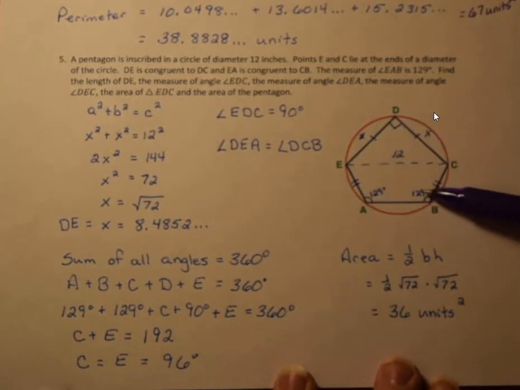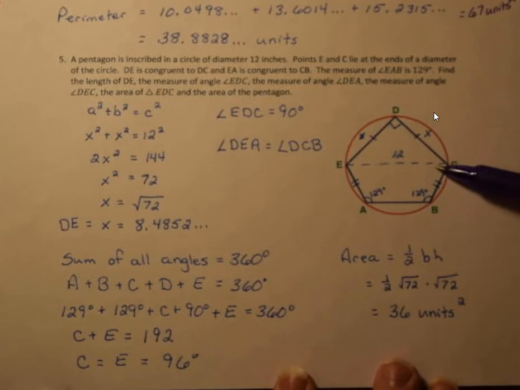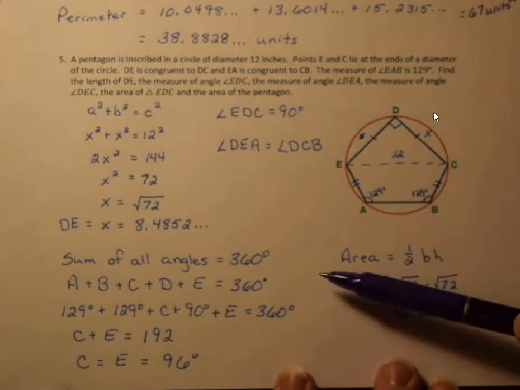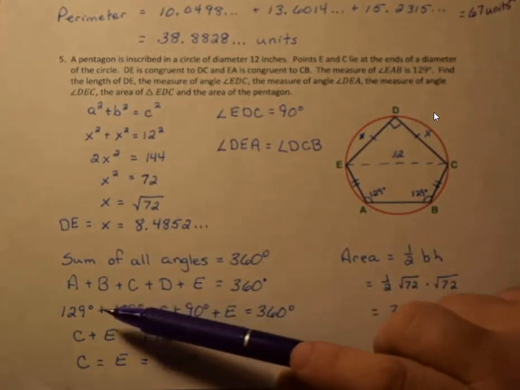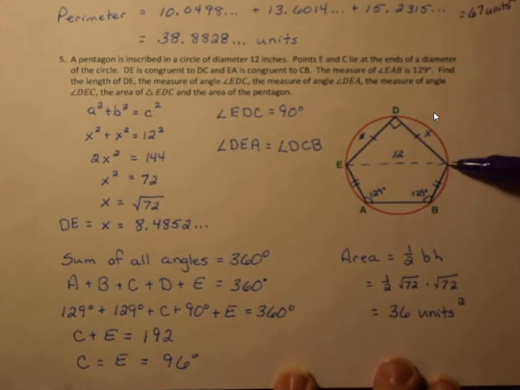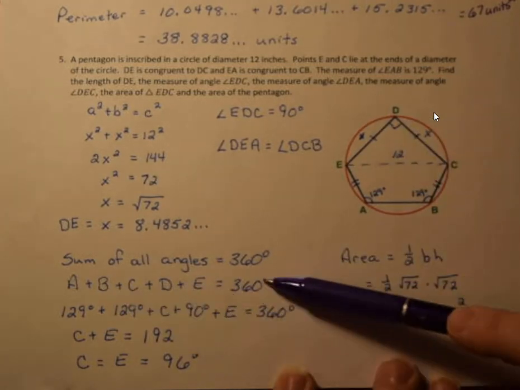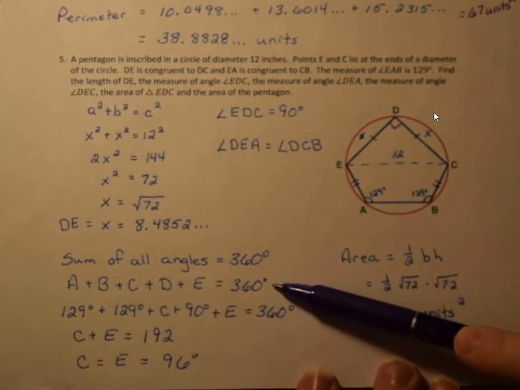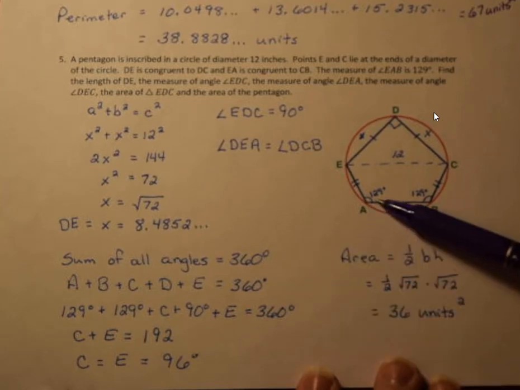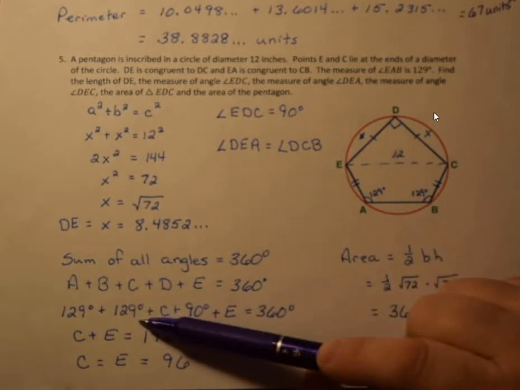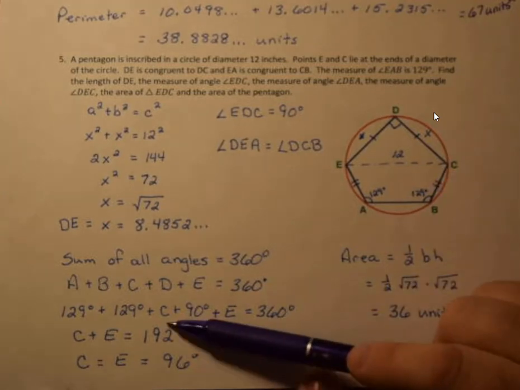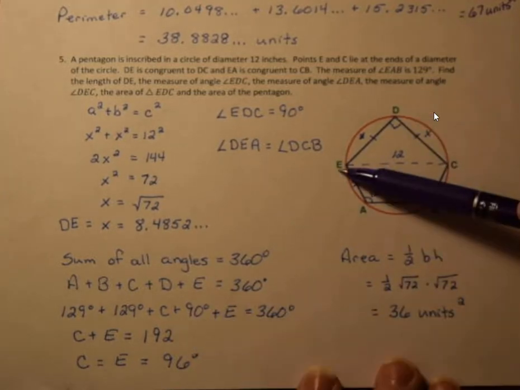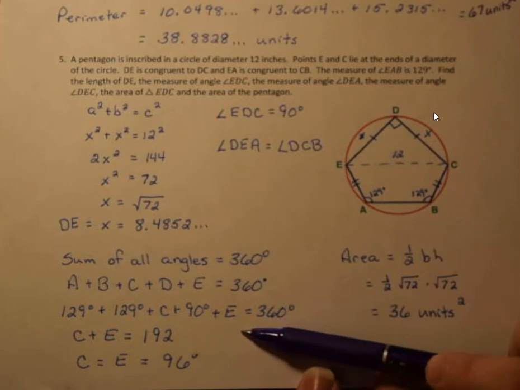Well, if we think about it, if we add up all the angles in a pentagon, then they are equal to 540 degrees. So angle A plus angle B, angle C, angle D, and angle E all add up to 540 degrees, while angle A is 129 degrees, angle B is also 129 degrees, angle C is what we're trying to find, angle D is 90 degrees, and angle E we're also trying to find.